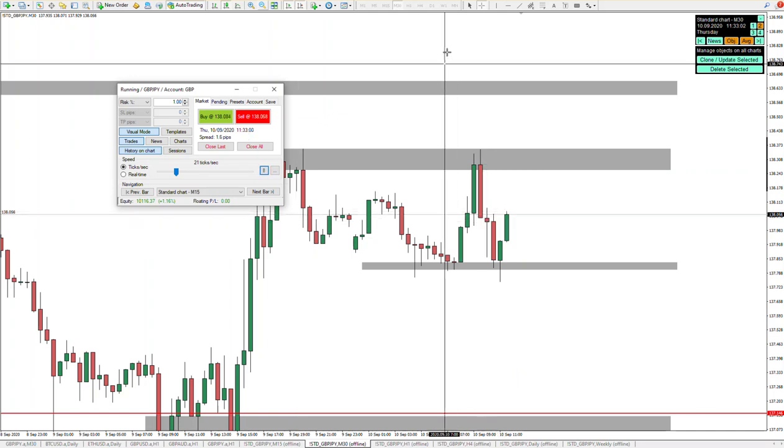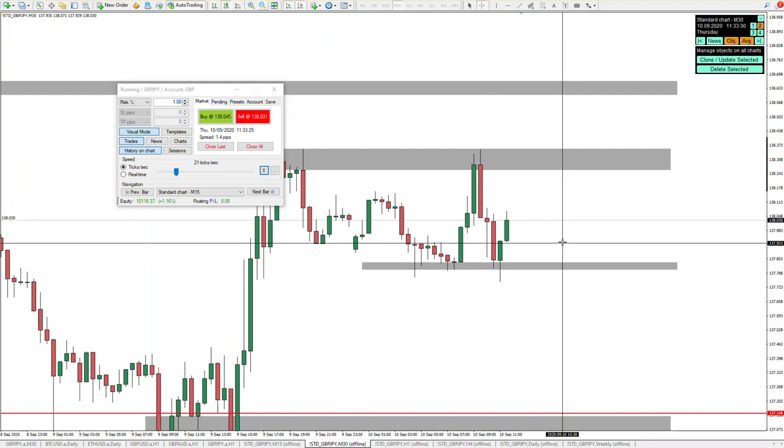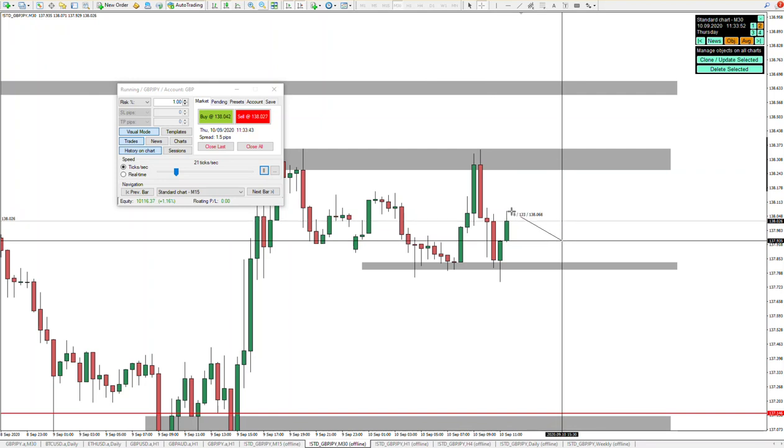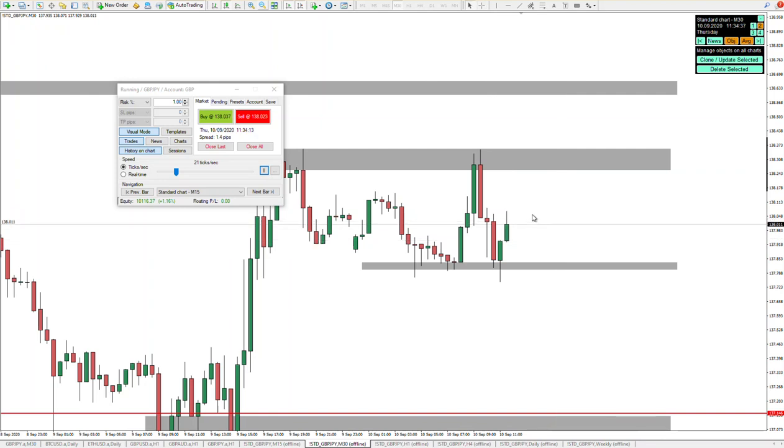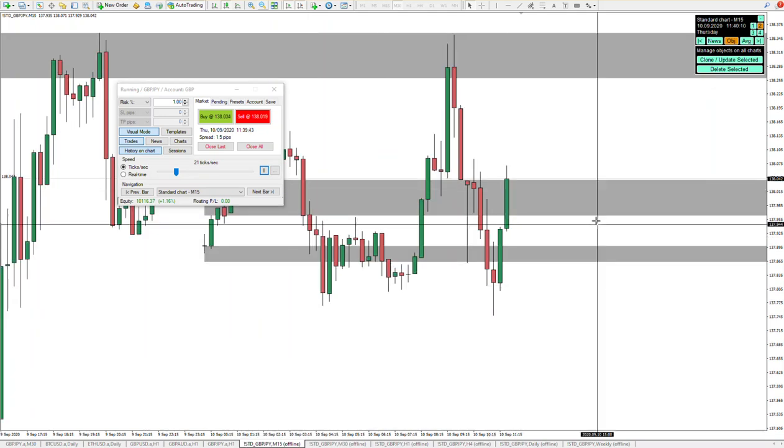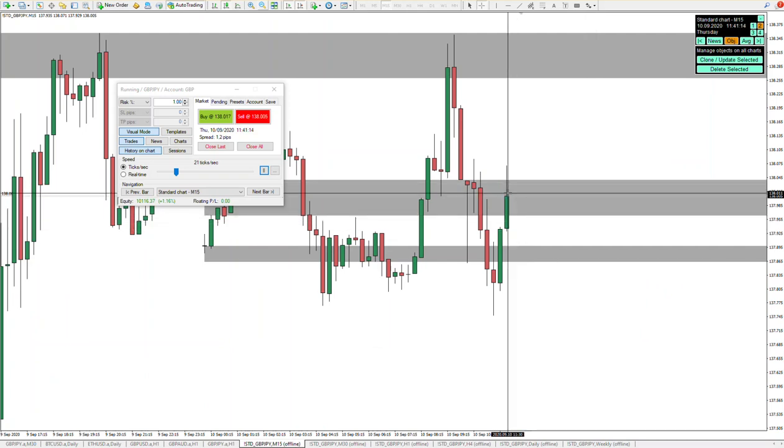In 2 minutes it made like 12 pips, 13 pips in 2 minutes. 2-3 minutes. And M15 is bullish.